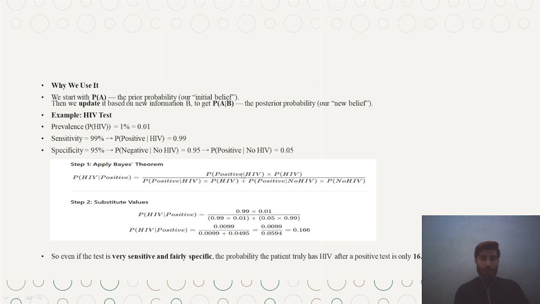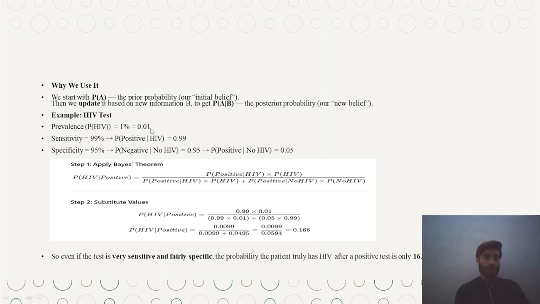Okay, so here the sensitivity is 0.99, because the sensitivity gives us positive results. So the probability of HIV will be 0.01.